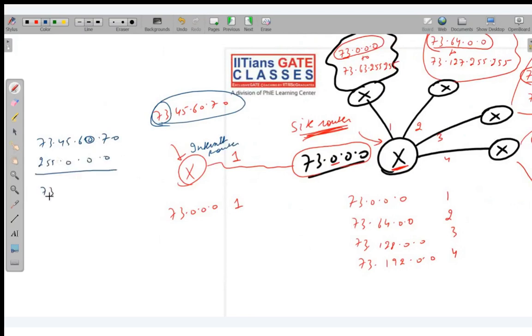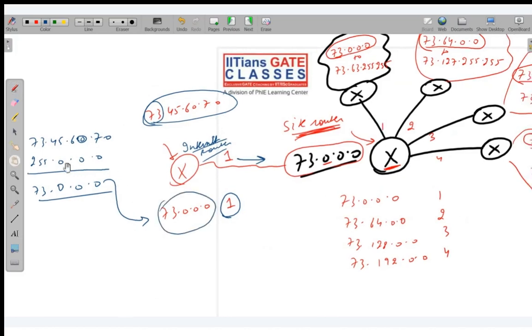So finally it will become 73.0.0.0. Okay, so now it will search the table for this entry 73.0.0.0, and luckily it finds the entry and says from port number 1 I will forward the packet. That's it. Game over. So this is for the internet router, and there might be many internet routers and all of these will have only this entry.